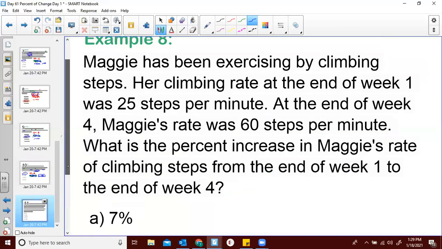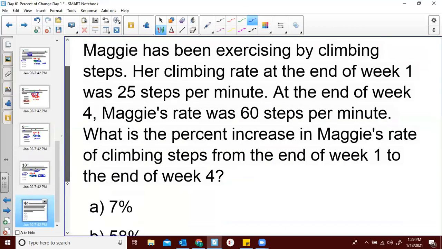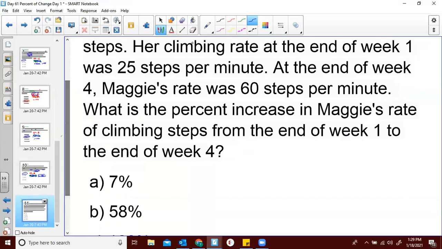All right, Maggie's been exercising by climbing steps. Her climbing rate at the end of week 1 is 25 steps per minute. At the end of week 4, Maggie's rate was 60 steps per minute. What is the percent increase of Maggie's rate of climbing steps from the end of week 1 to the end of week 4? We know it's increased, so again, probably positive. They give us a timeline, right?